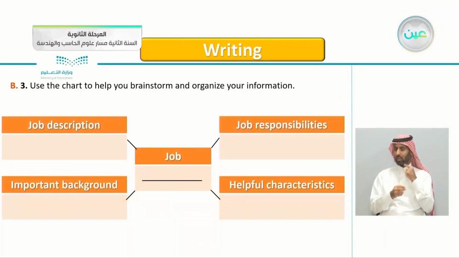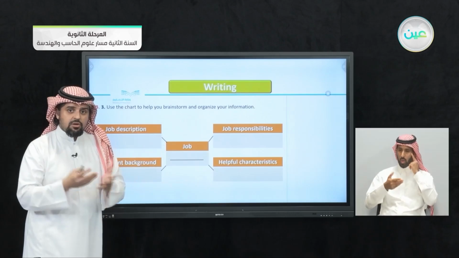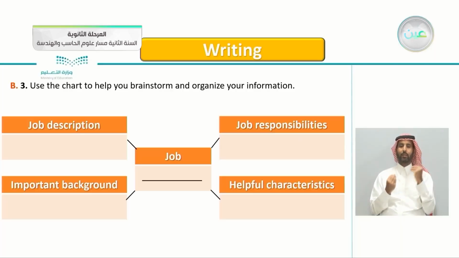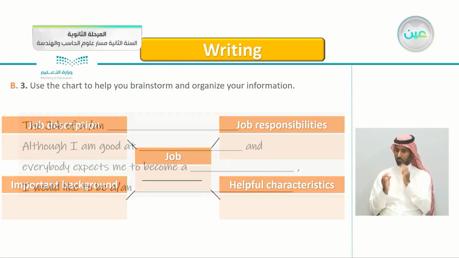So use this chart to help you brainstorm and organize your information. Fill it up, and it will help you come up with the perfect job title for you, job description, important background, the responsibilities in this job, and the helpful characteristics that will help you in this job. Once you find all of this information, you will find your suitable job.